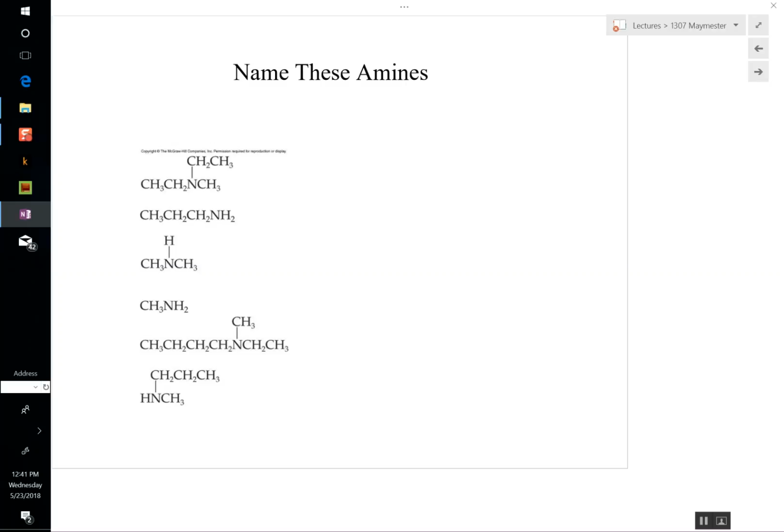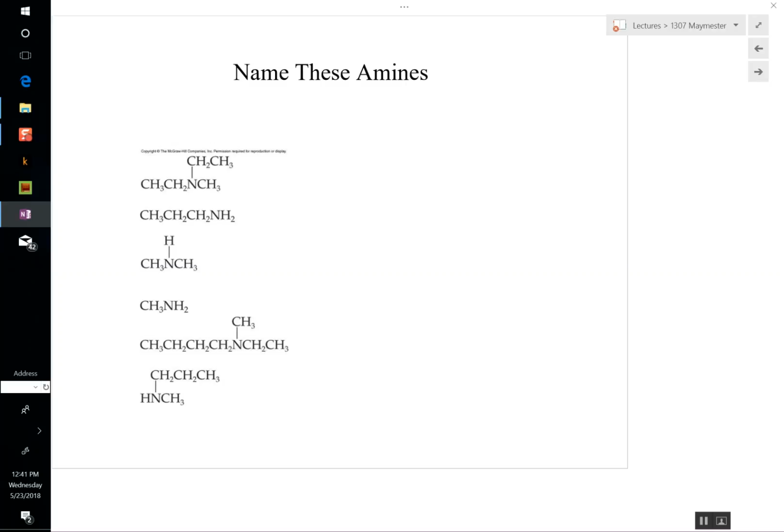If we come into a name like this, keep in mind, we could have a methyl here. We don't. The methyl's on the nitrogen. So we have to say that.